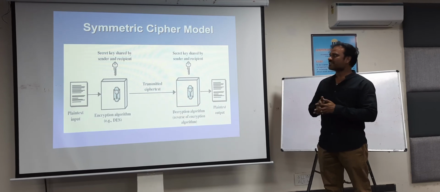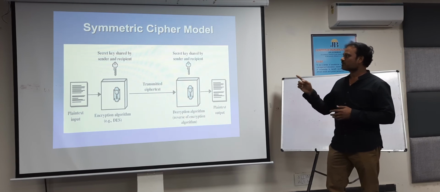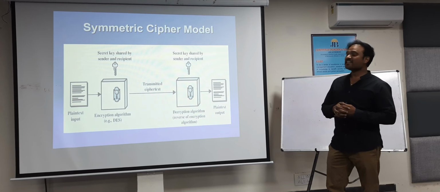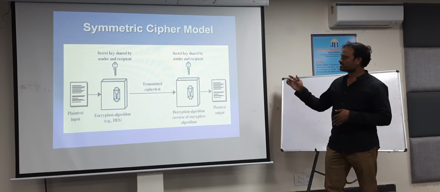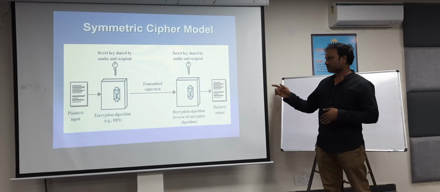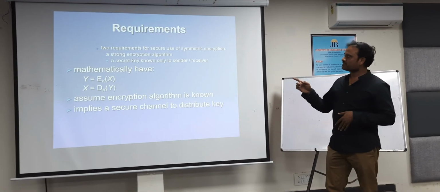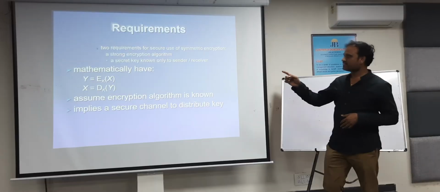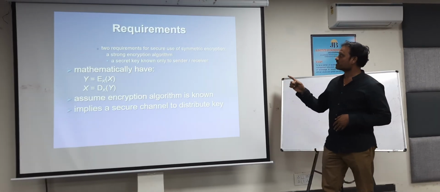This secret key is shared by both sender and receiver, and is transmitted from sender to receiver by a trusted third party. So this is the overview of the symmetric cipher. And here the requirements are very important. We need 2 requirements for secure use of symmetric encryption.